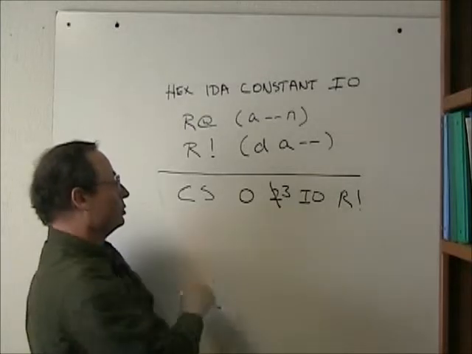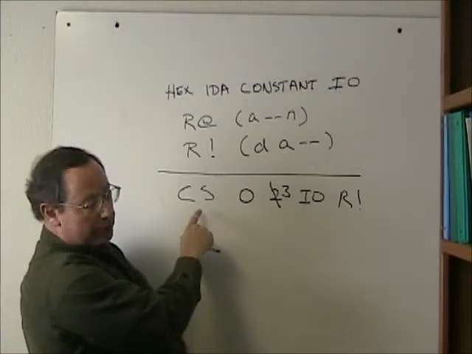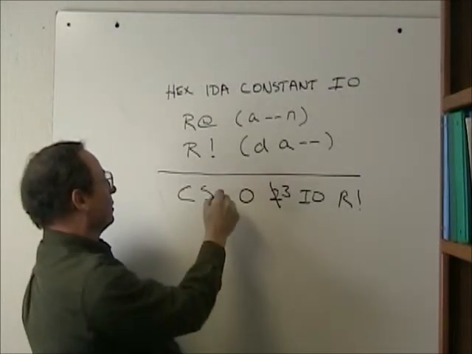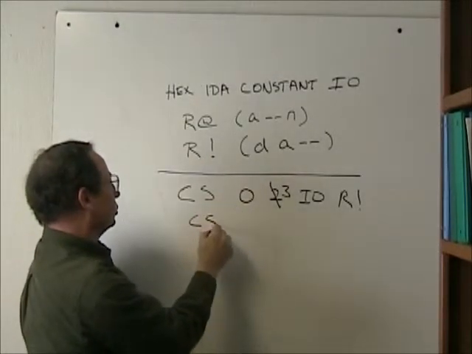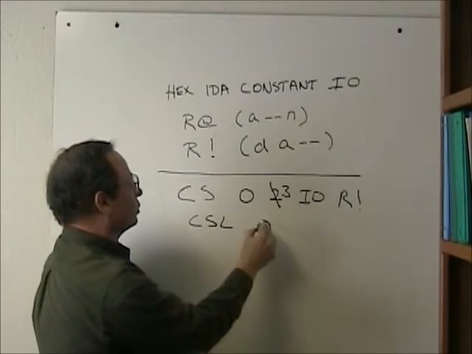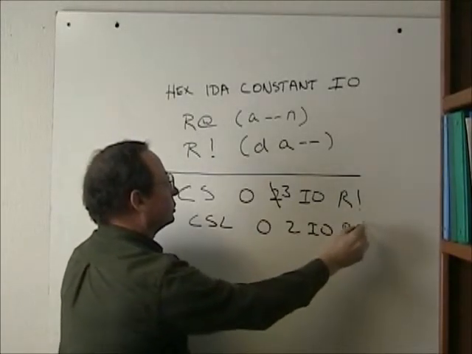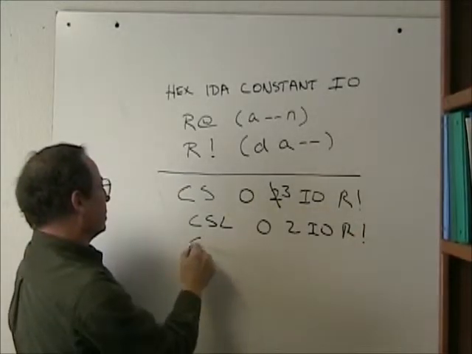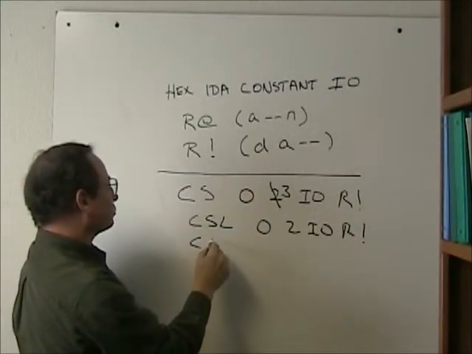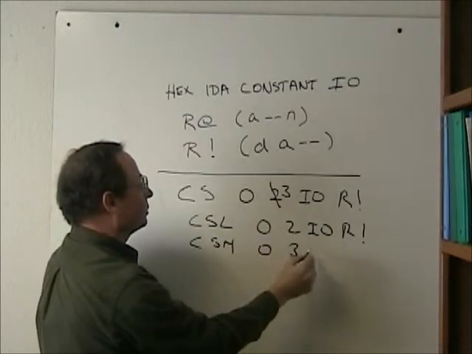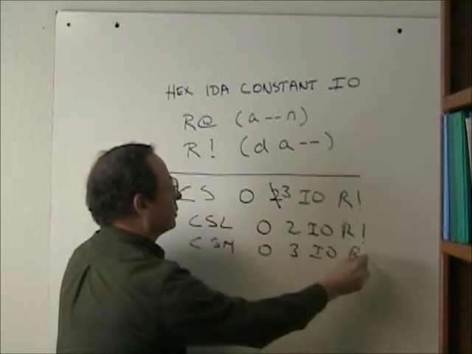So of course when we're using the chip select on this particular device, we want the chip select to go low, so we might have a word called chip select low, which might look like 02 IO rstore, and another word we might define, which might be chip select high, which would be 03 IO rstore.